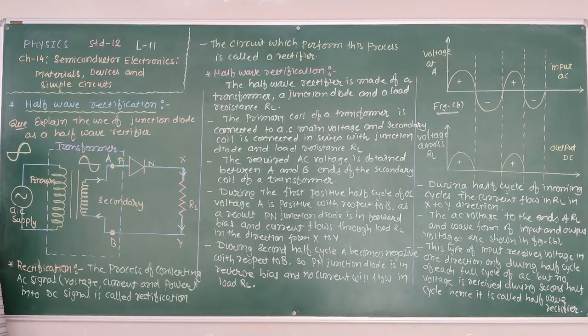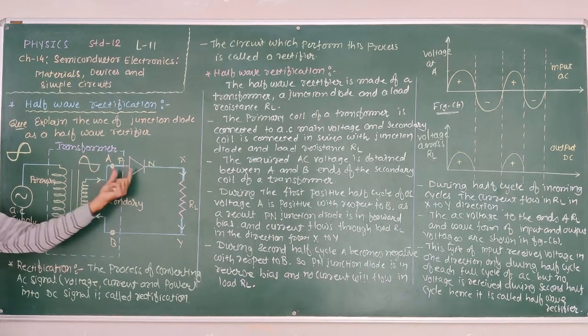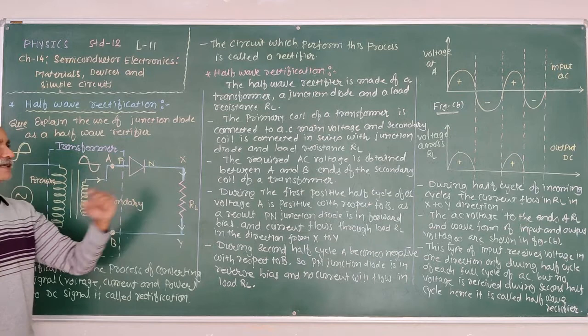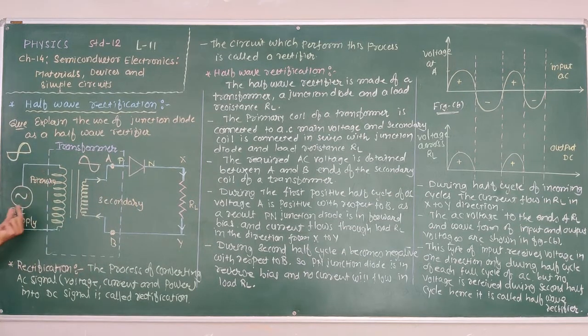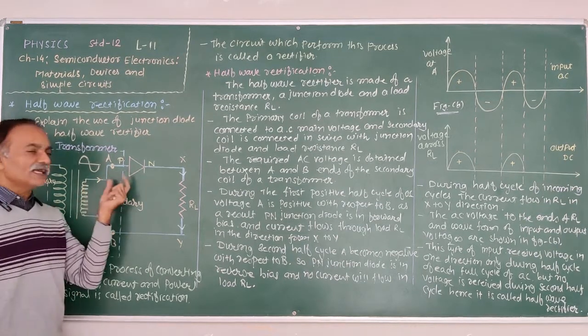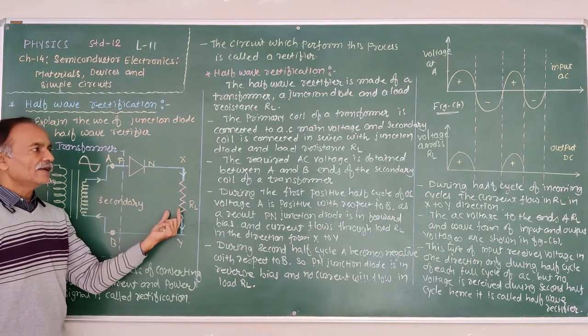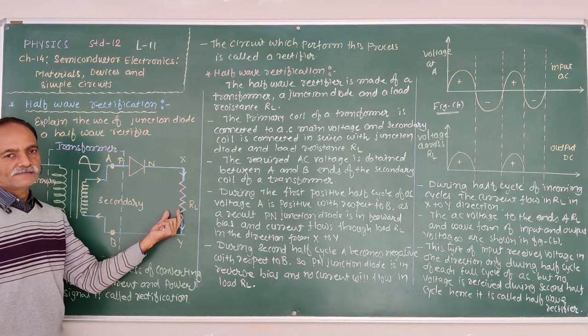Again, in half-wave rectification, the half-wave rectifier is made of a transformer, junction diode, and load resistance. Right? The primary coil of the transformer is connected to the AC main voltage, while the secondary coil is connected in series with the PN junction diode and load resistance RL.